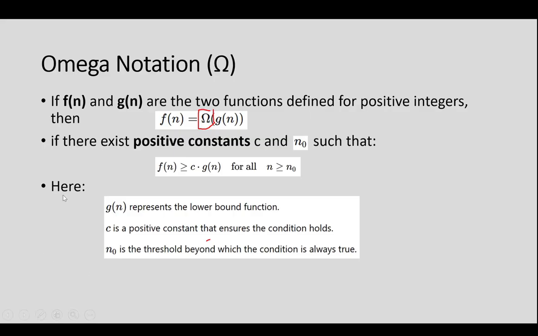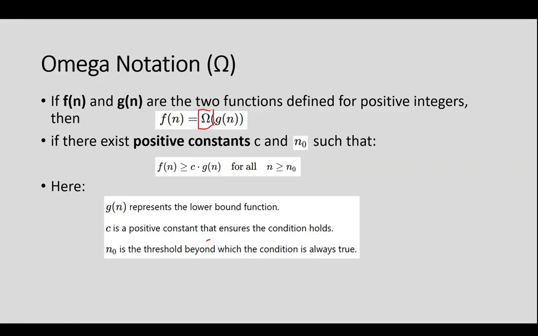Then we have the equation: f of n greater than or equal to c into g of n. Earlier in the big O notation, we had f of n less than or equal to c into g of n. Now we have f of n greater than or equal to c into g of n, where we are considering the best case scenario.